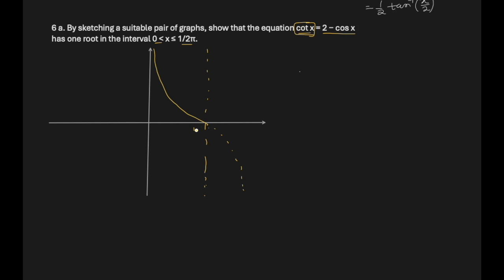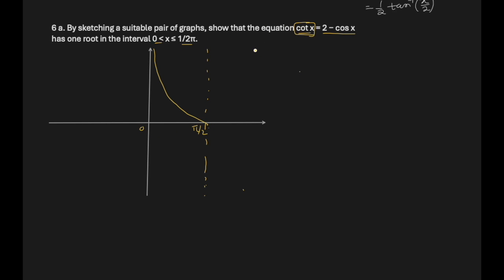This is pi by 2. Okay, but since they are asking us to only draw up to pi by 2, half pi, that means I will ignore this one. This is the only graph I have, and this is 0, and this one is pi by 2. This is how a cot graph looks like.